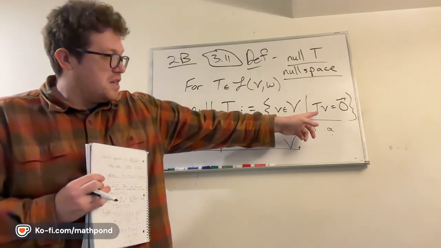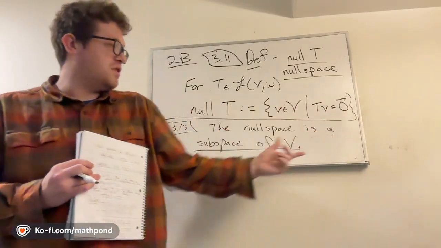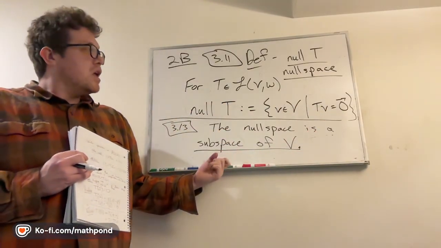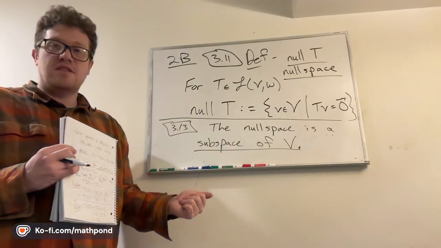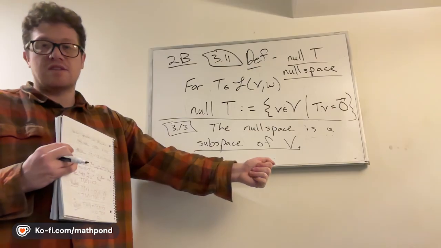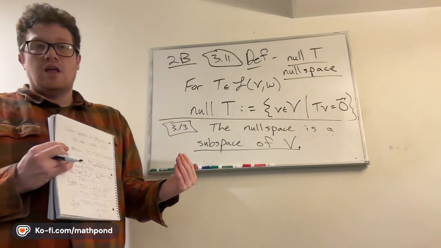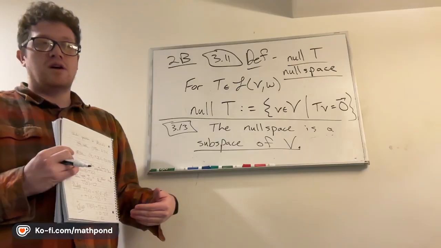It's very clear from the definition that we're picking all the vectors in V that are mapping to 0, so this is a subspace of V. We'll talk about the range in a second, or maybe next time, but the range is going to be a subspace of the codomain because it includes all the vectors that are hit by some vector in the domain under the map T.